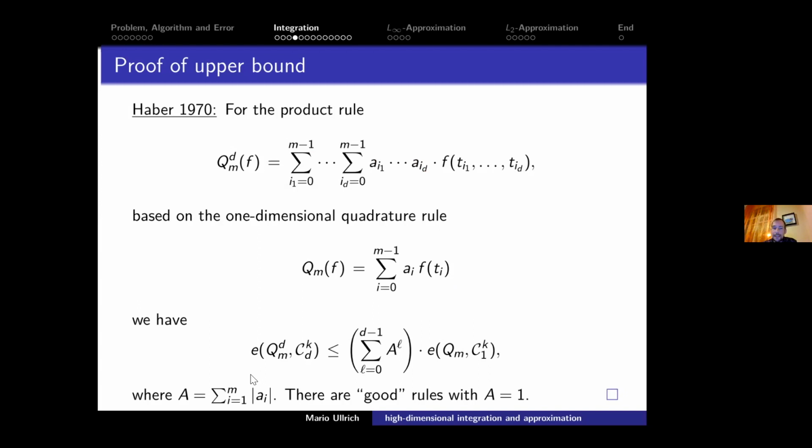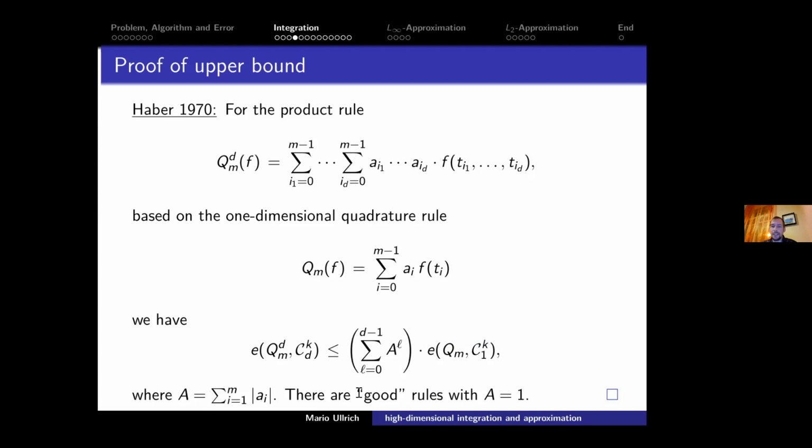Then the error of the product rule in the class C^k is upper bounded by the error of the one-dimensional rule times some factor which only depends on the weights. So what you need is a one-dimensional quadrature rule with a good bound on these weights, which also has a good order of convergence. And that's well known.